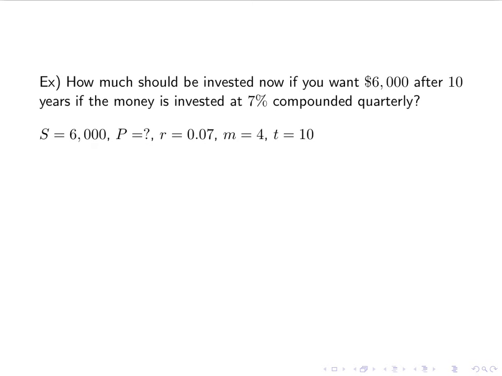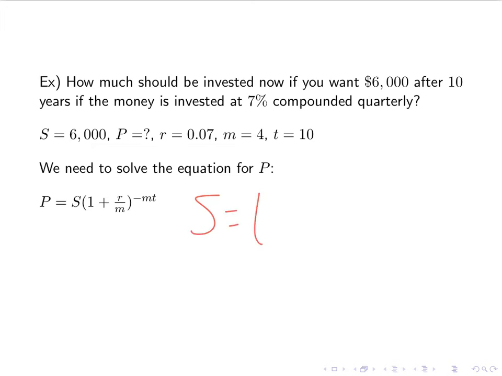So now the question is, if I don't know P and I know S, how do I solve for P? I have my original equation, which was S equals P times something to a power. I don't really care what's in those parentheses or what's in the power at the moment. It's S equals P times something to the power.